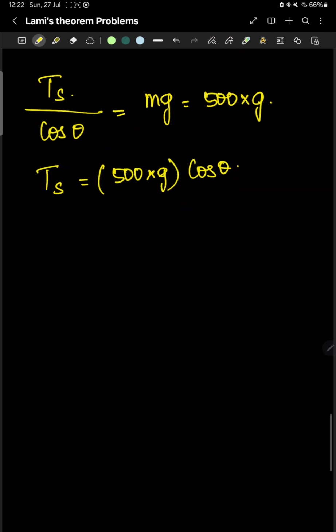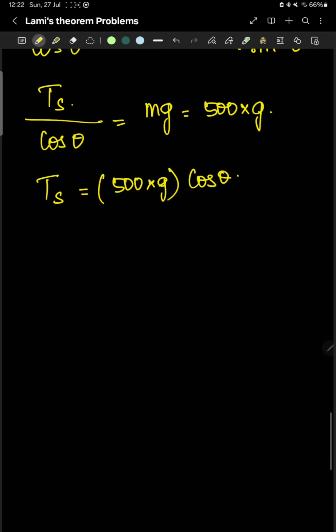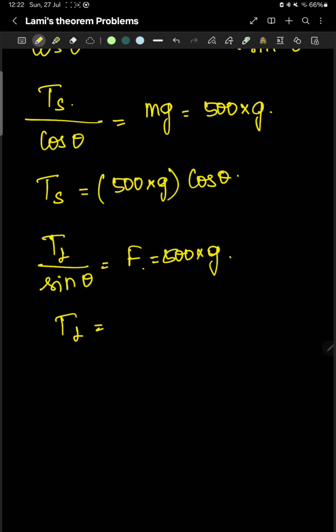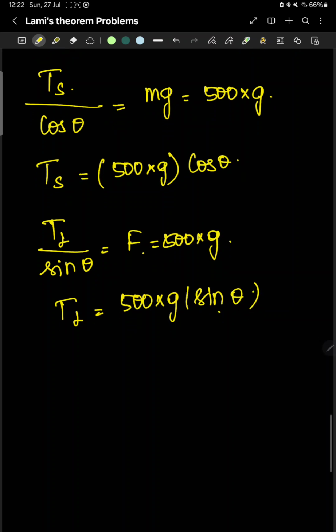Now if I equate F and TL by sin theta, TL divided by sin theta is equal to F, which is again 500 into G, and TL is equal to 500 into G sin theta.